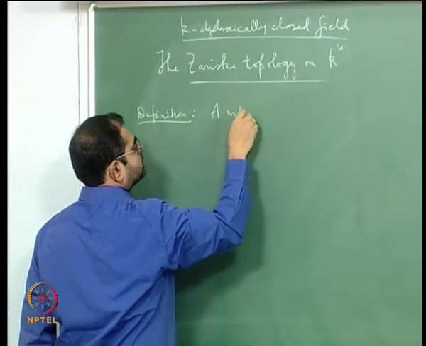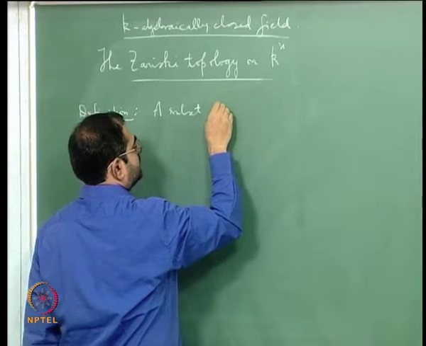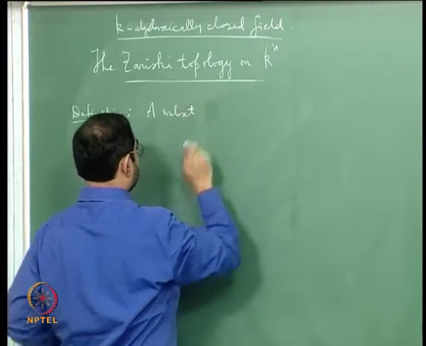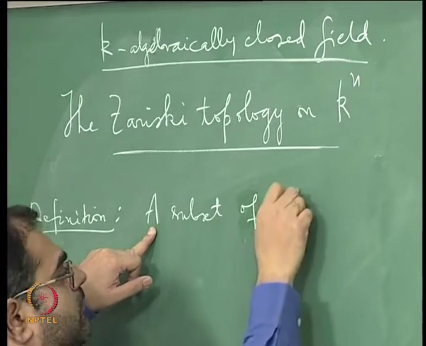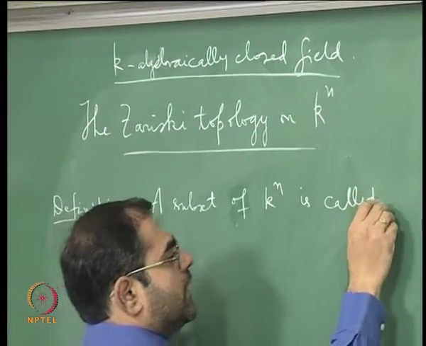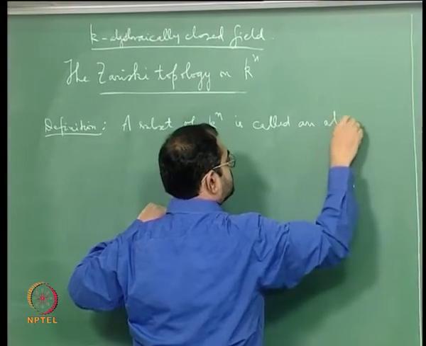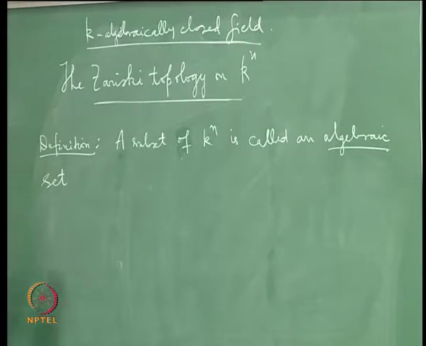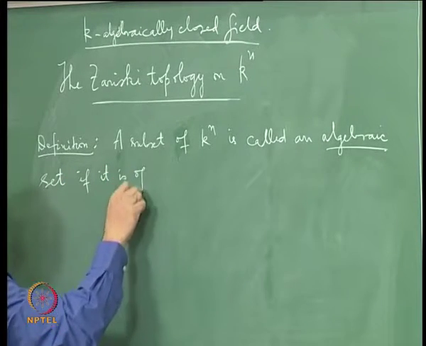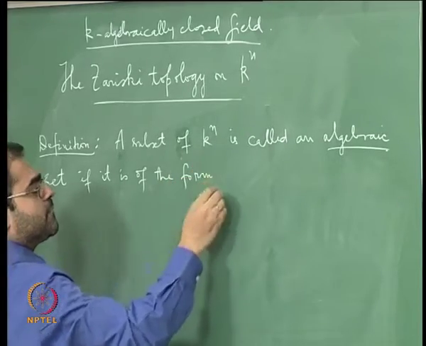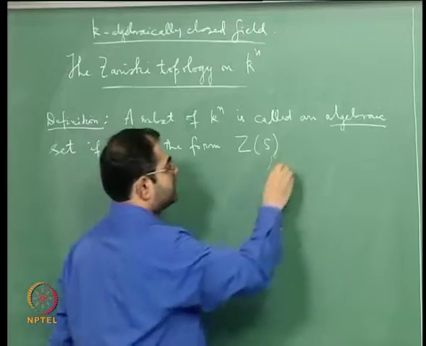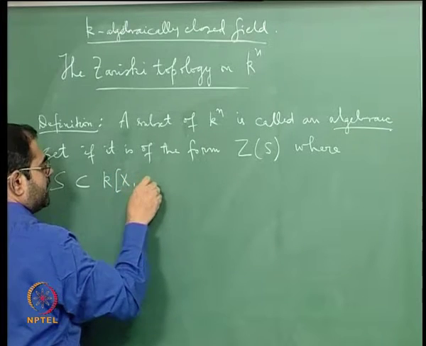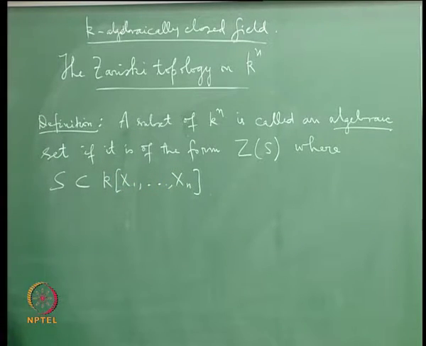a subset of A^n is called an algebraic set if it is of the form Z(S), where S is a subset of the polynomial ring in n variables over K. Look at the definition.